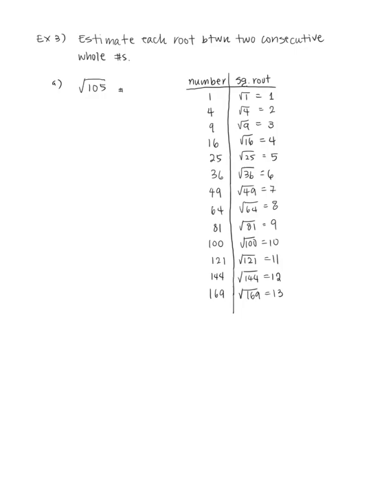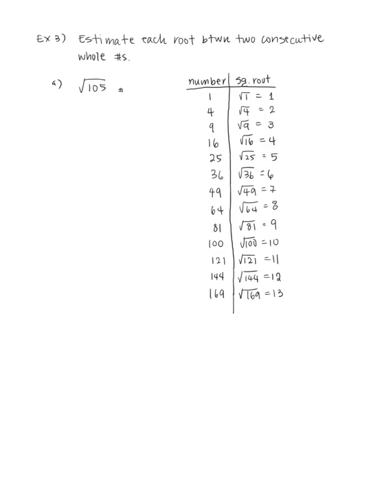So for instance, let's look at 9. Square root of that is 3. So we say that 9 is a perfect square because 3 squared gives 9. Same thing with 36. Square root of 36 is 6, and 6 squared equals 36. So we say that 36 is a perfect square.